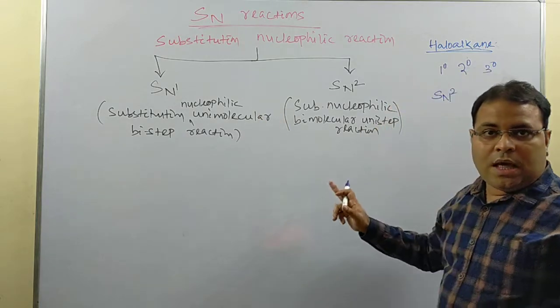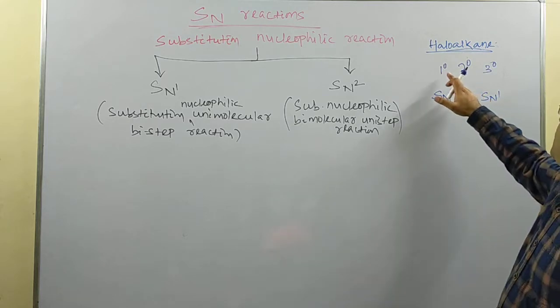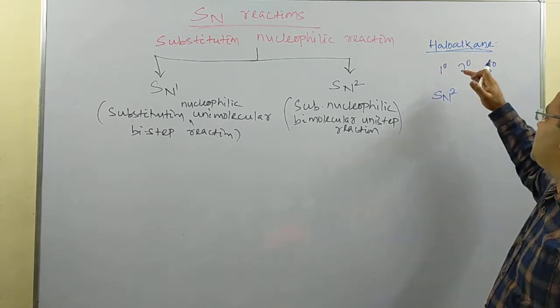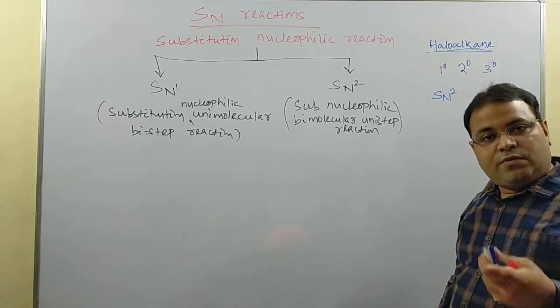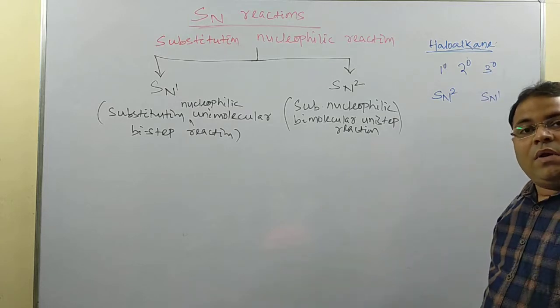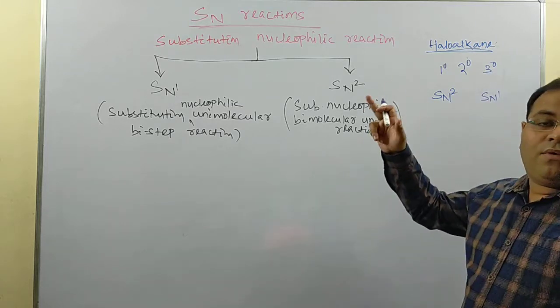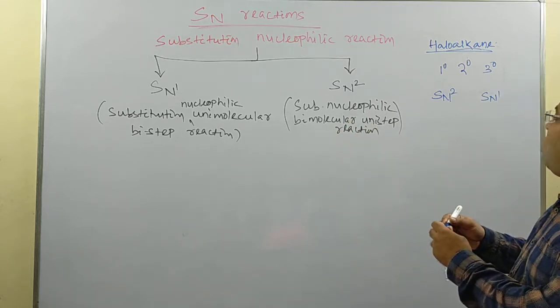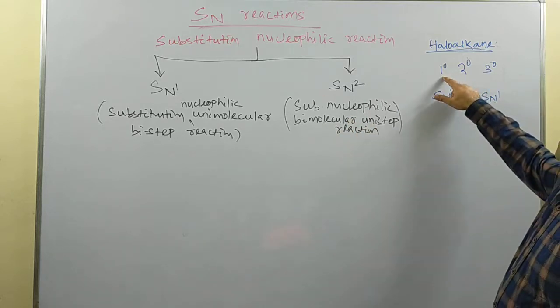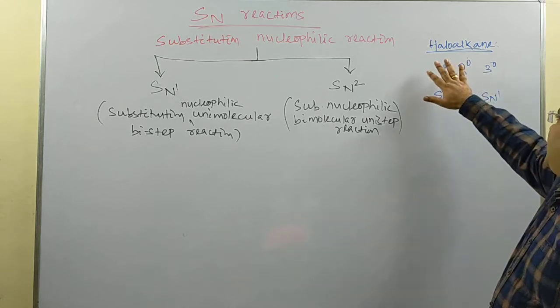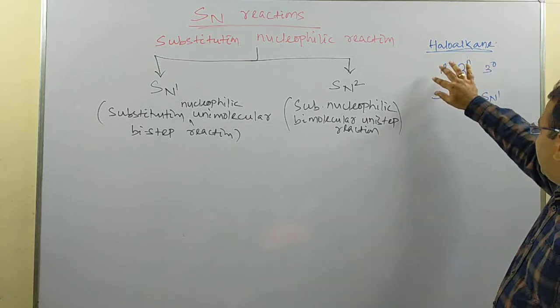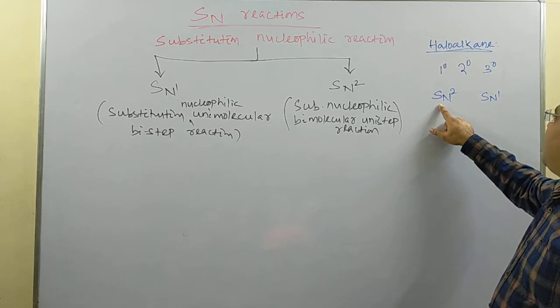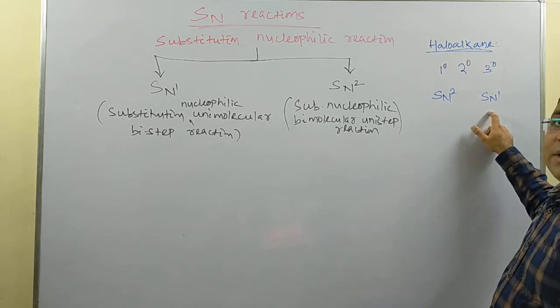Just remember which of the 1 degree, 2 degree and 3 degree shows SN1 and which shows SN2. What I have done here is write the degree of haloalkane in increasing order, and the mechanism in decreasing order.